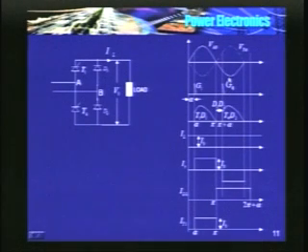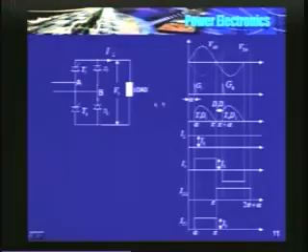Here are the waveforms. At omega t equal to alpha, T1 is triggered. At omega t equal to pi plus alpha, T4 is triggered. So when T1 and D2 are conducting, load voltage is the same as the source voltage. It becomes 0 at omega t equal to pi. What happens from pi to pi plus alpha? T4 is triggered only at pi plus alpha.